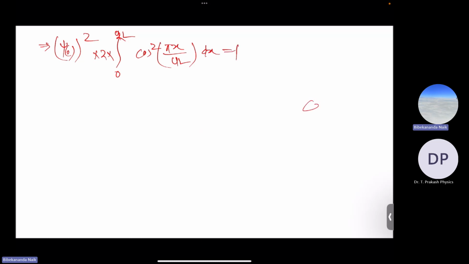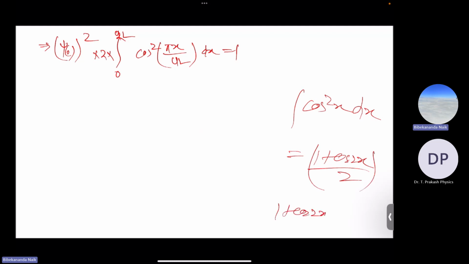So this is the integration of cos square x dx. We will convert cos square x into 1 plus cos 2x by 2, because 1 plus cos 2x is 2 cos square x.